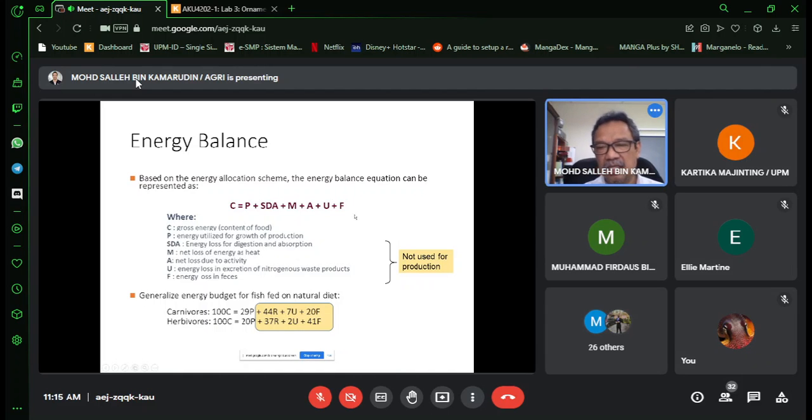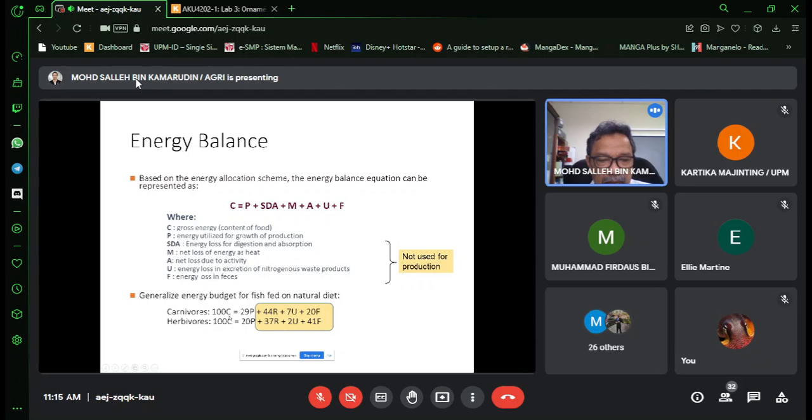So banyak yang tu. So yang biasanya tengok adalah yang ni, berapa ada yang di sini. Dan yang banyak hilang ni tak boleh digunakan for growth, itu for growth ni rugi. But it's also needed, diperlukan juga, for body function juga.